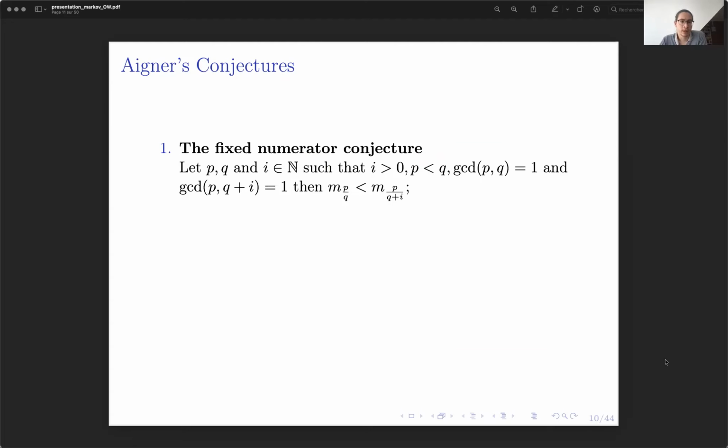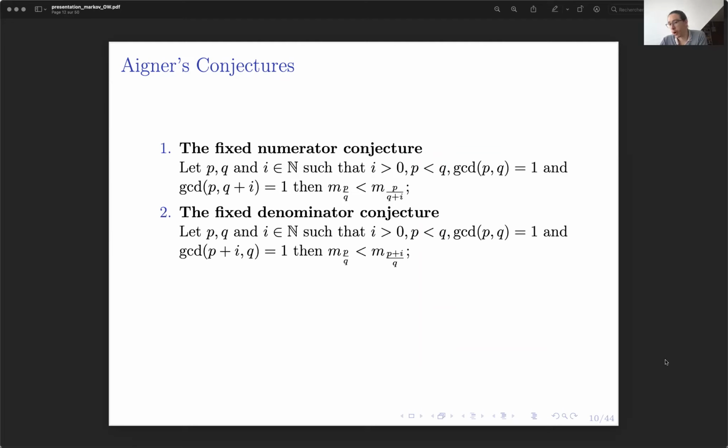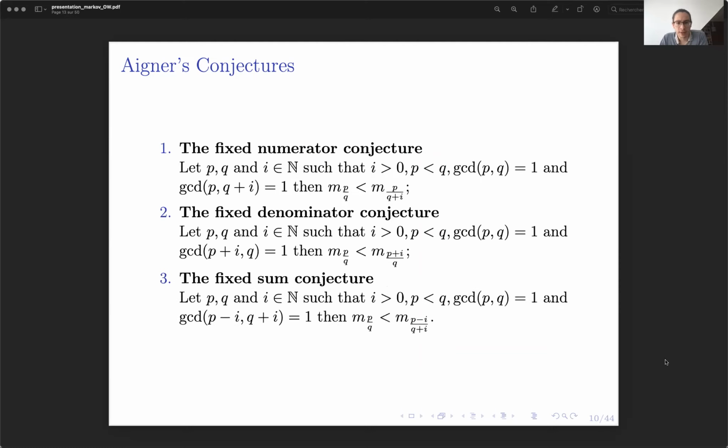So the fixed denominator conjecture is quite the same, but we work on the numerator. And for the fixed sum conjecture, you take p and q and a, again integers, p and q relatively prime, and this time p less than q, and p minus a and q plus a relatively prime too, and we expect that M_{p/q} is less than M_{(p-a)/(q+a)}.